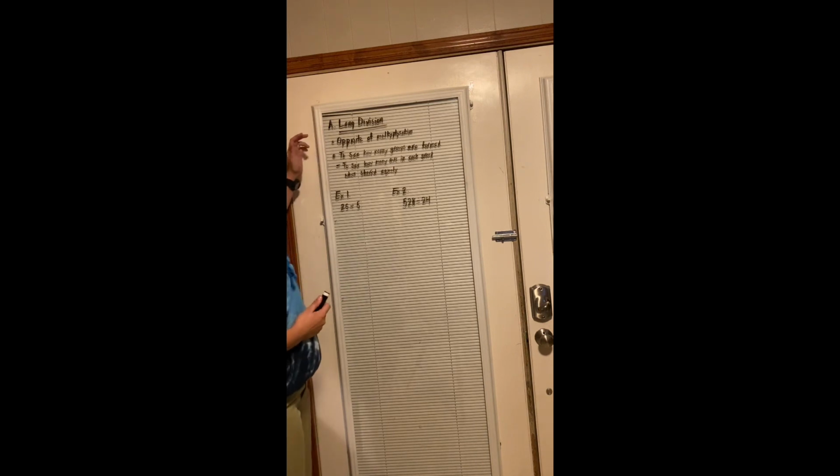Long division is the opposite of multiplication. You divide to see how many groups are formed and to see how many are in each group when divided equally.